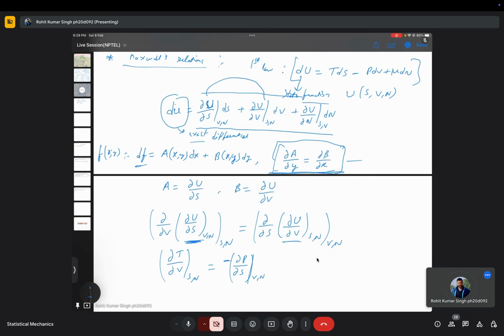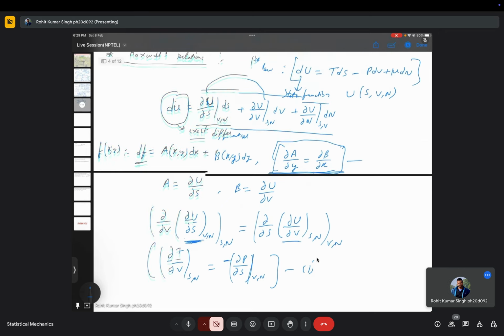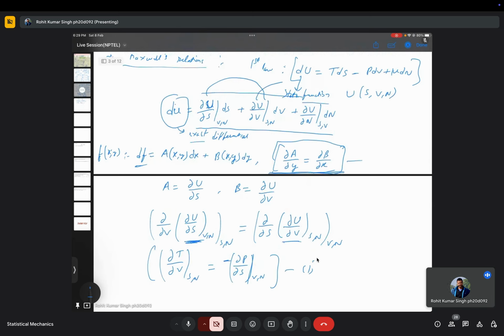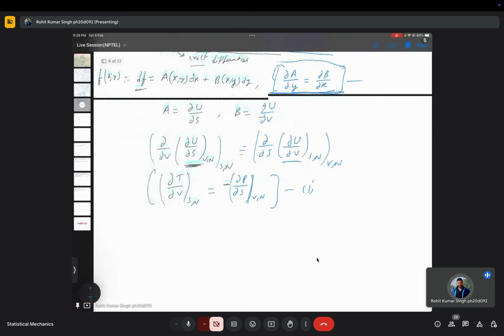Okay, so this is our first Maxwell relation basically, and similarly you can use these two and then these two to have the other two Maxwell relations.